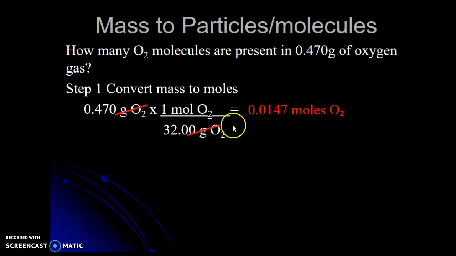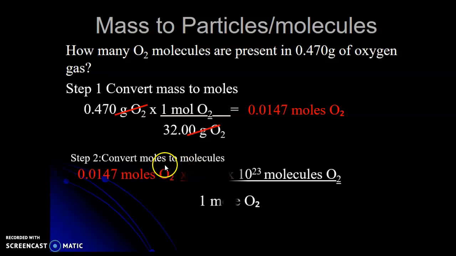So you are going to use this answer as your step 2. You are converting these moles to molecules. It's like multiplying the moles by the molecules. Remember, this is Avogadro's number, which is a constant. So you multiply 0.0147 moles of oxygen by 6.02 times 10 to the 23rd power molecules of oxygen.